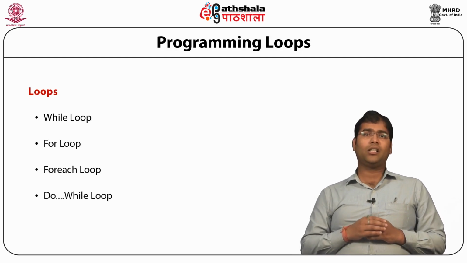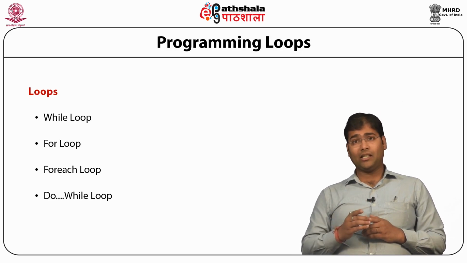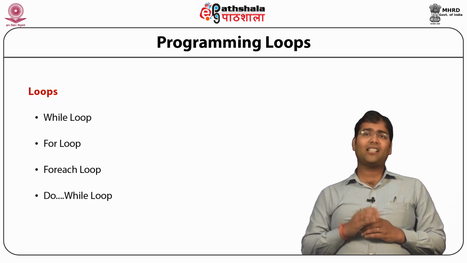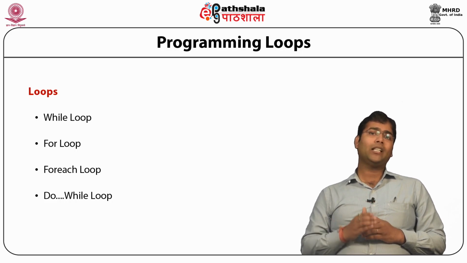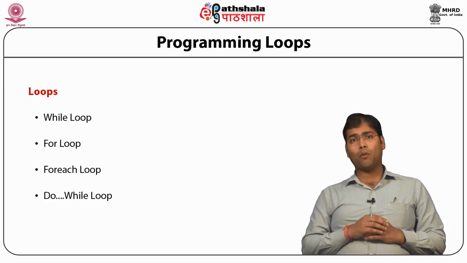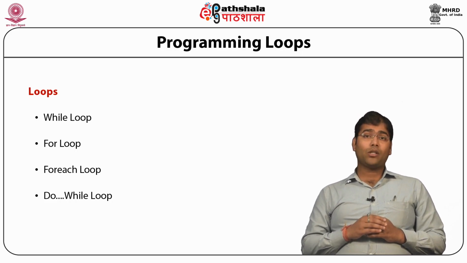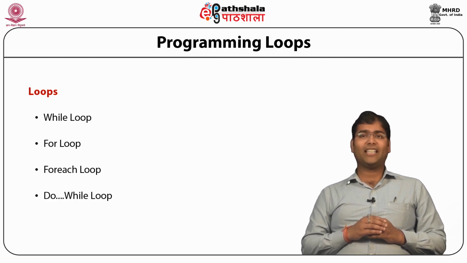While loop. A while loop repeats a statement while a given condition is true. It tests the condition before executing the loop body. For loop. A for loop executes a sequence of statements multiple times and abbreviates the code that manages the loop variable.